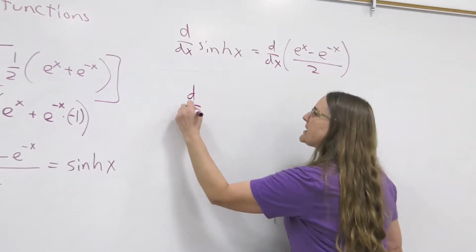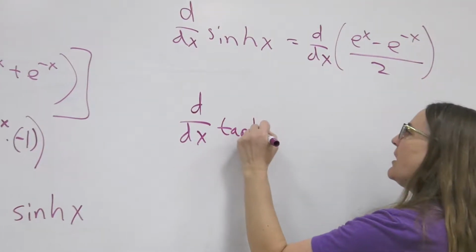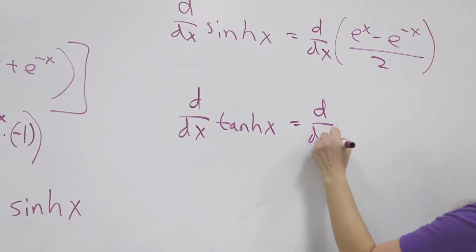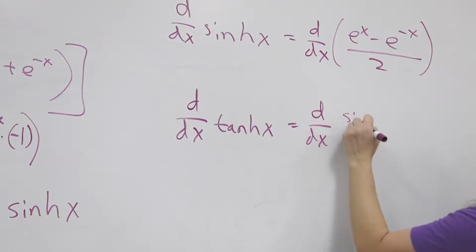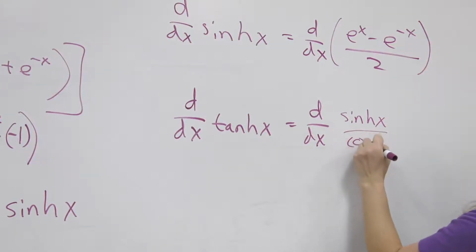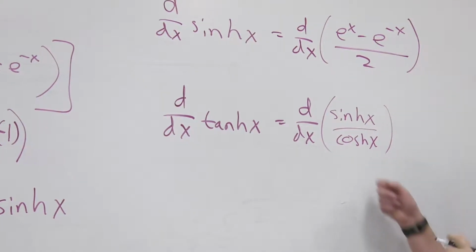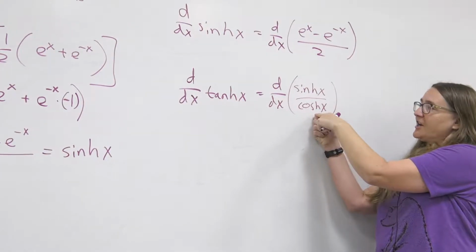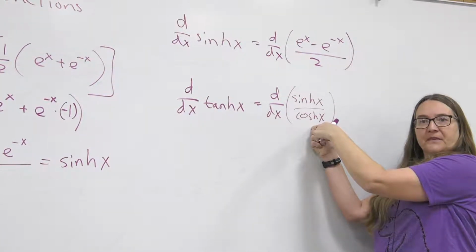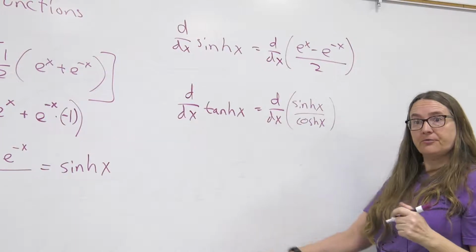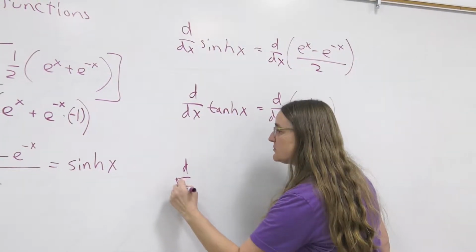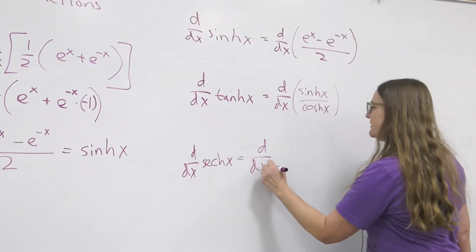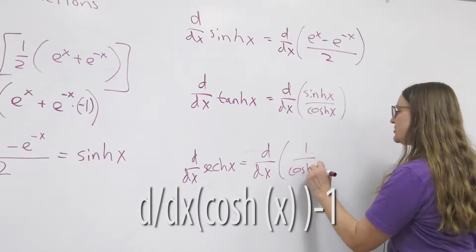So when it comes time to take the derivative of tanh of x, I'm going to suggest that you write that as sinh of x over cosh of x, because by this point you'll know the derivative of sinh and we know the derivative of cosh, and you can just use quotient rule. And you can do that for the remaining 3 hyperbolic trig functions as well. So the derivative of sech of x is the derivative of 1 over cosh of x.